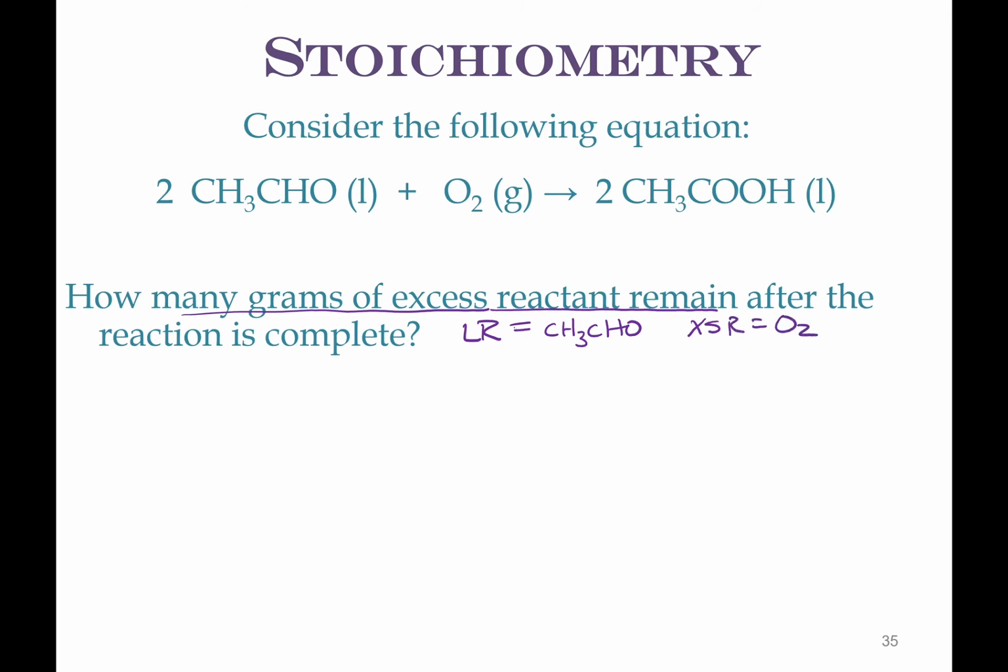So on the previous page, we did this and we said that 27.3 grams could be formed when we started with 20 grams of the acetate. And if we had 10 grams of the oxygen, we could potentially produce 37.5 grams of acetic acid.